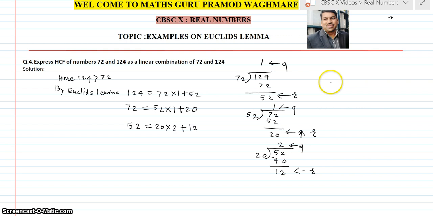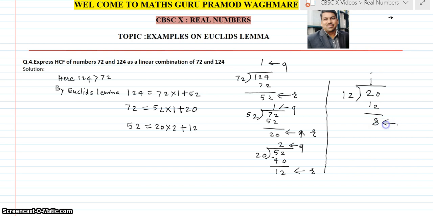So if we divide 20 by 12, 12 1s are 12, so we divide by 1. So what is remaining? It is 8.